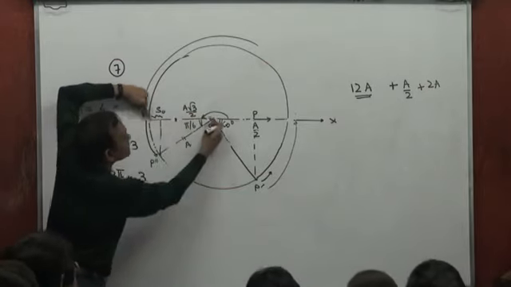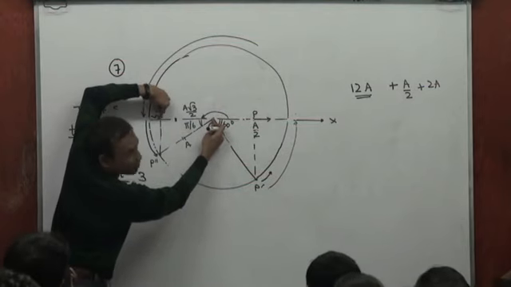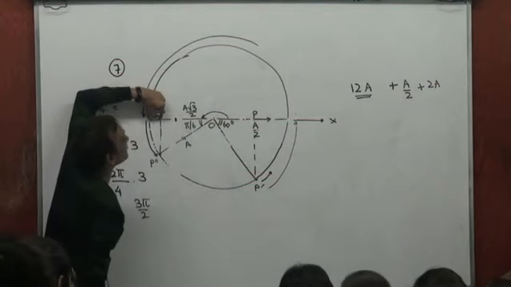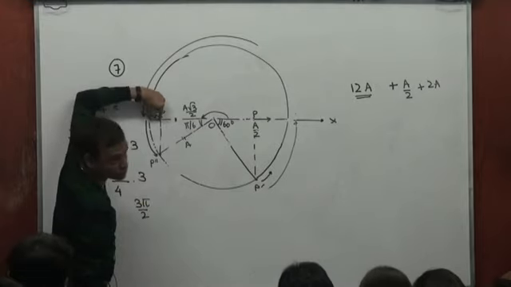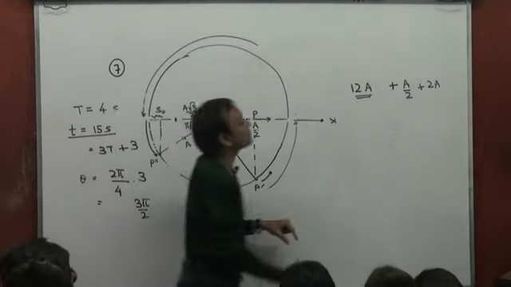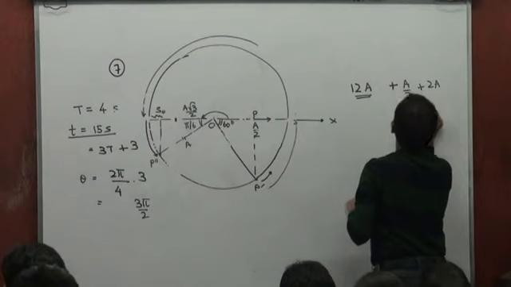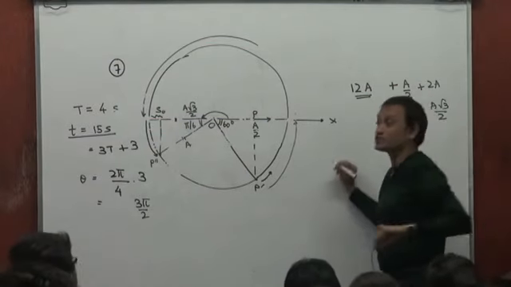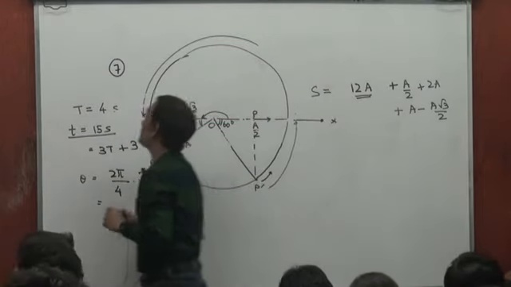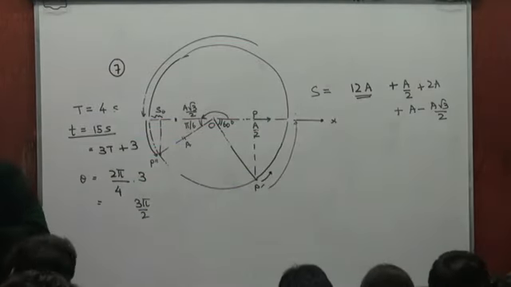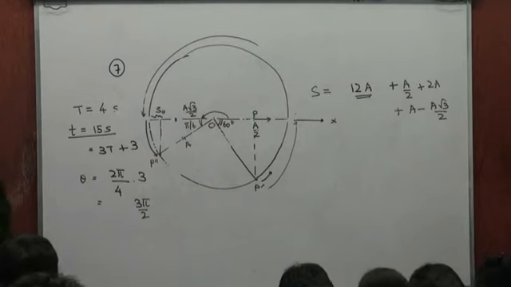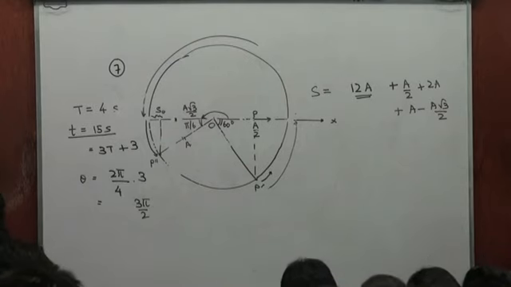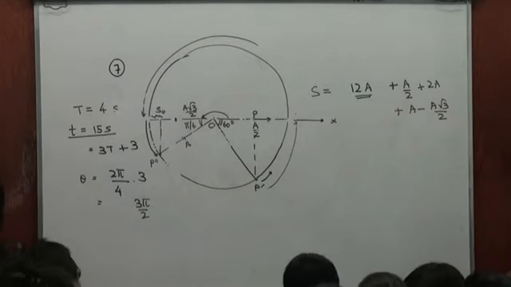Yes or no? This is A units. This is A root 3 by 2. So, S naught is going to be A minus A root 3 by 2. That's the residual S naught, right? So, that's the total distance S covered in 15 seconds. Got it?